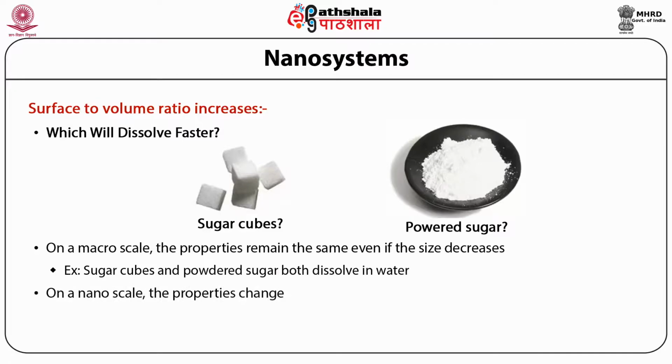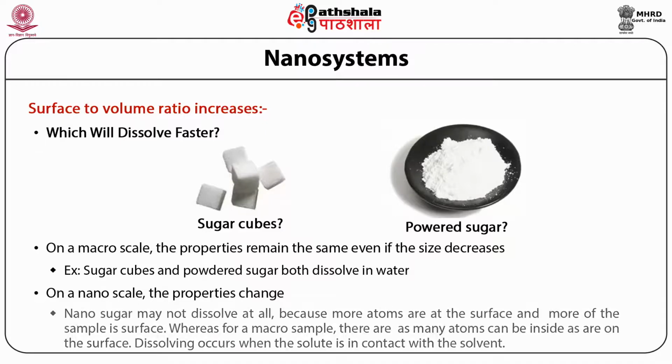On a nanoscale, the properties change, that is, nano sugar may not dissolve at all because more atoms are at the surface and more of the sample is surface. Whereas for a macro sample, there are as many atoms inside as are on the surface. Dissolving occurs when the solute is in contact with the solvent.